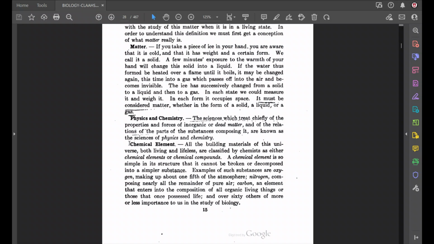So in this section, we have a description. I wouldn't call that a definition, but it's a description of physics and chemistry. And I'll repeat that. The sciences which treat chiefly of the properties and forces of inorganic or dead matter.